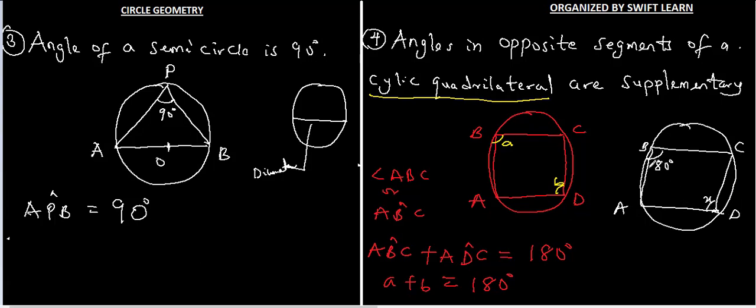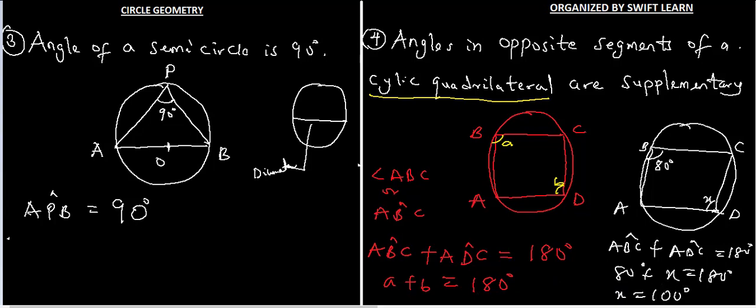You have to tell them that angles in opposite segments of a cyclic quadrilateral are supplementary. It means ABC plus ADC will give me 180 degrees. So I will say 80 degrees plus X equals 180 degrees. Do you get that now? So I will now say my X is equal to 100 degrees.